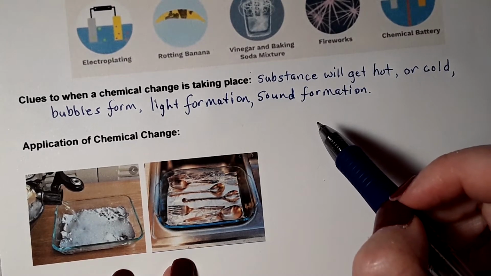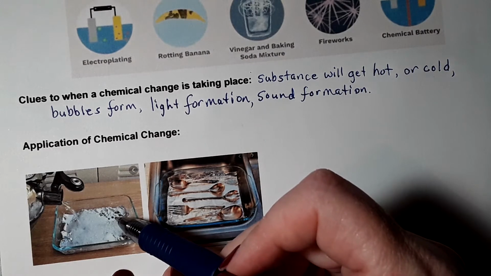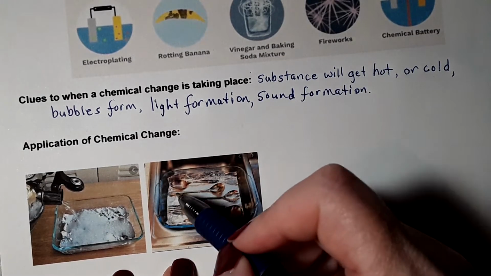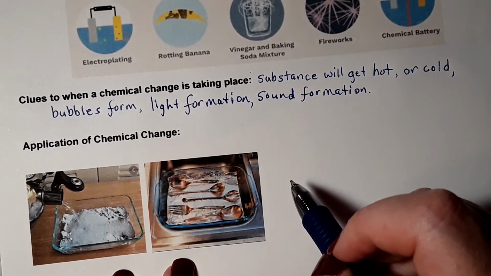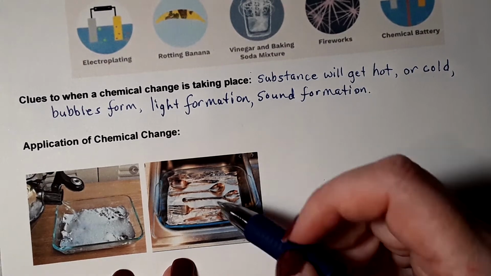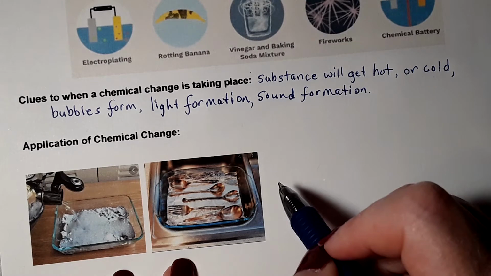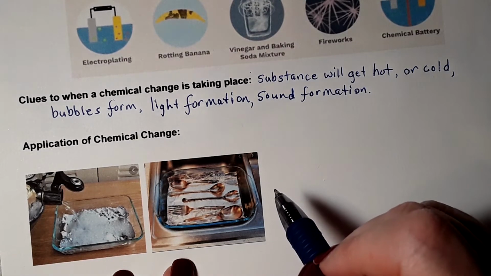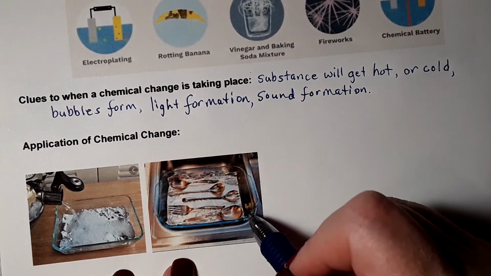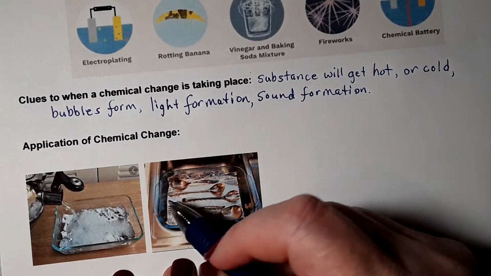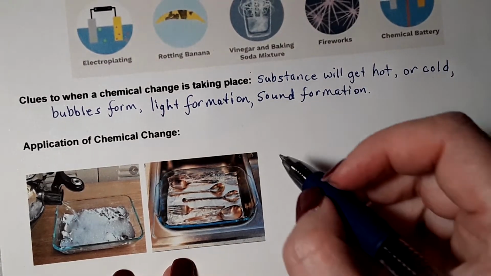Well, the interesting thing, when you make a solution of baking soda on aluminum, if you put your tarnished silver in that solution, the aluminum and the baking soda will react with the tarnished silver on the surface of your flatware, and it will actually change the tarnished silver. It will shine back up again because you're going through a chemical change, and that will clean your tarnished silver. So that's kind of cool.